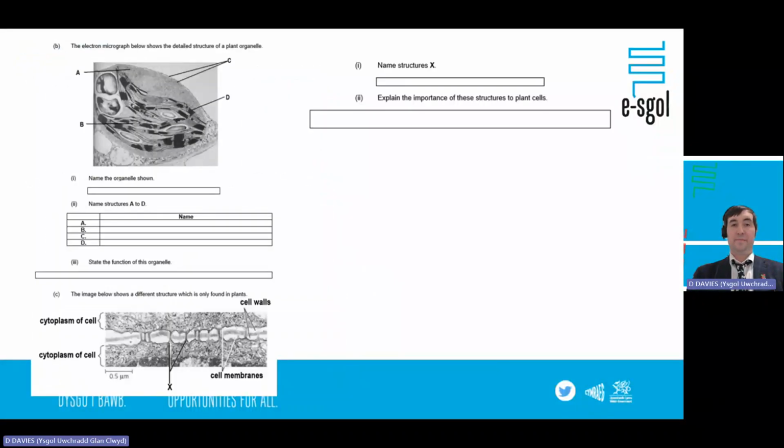So here are some more questions. Remember, you can pause the video at any time if I'm going too fast, or you need to write the answers down. Here we've got an organelle that's got stacked membranes inside it.